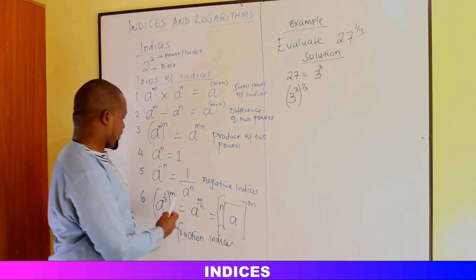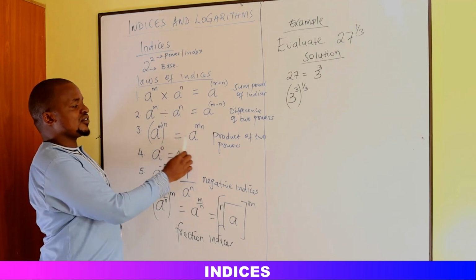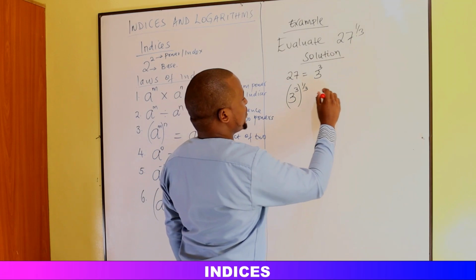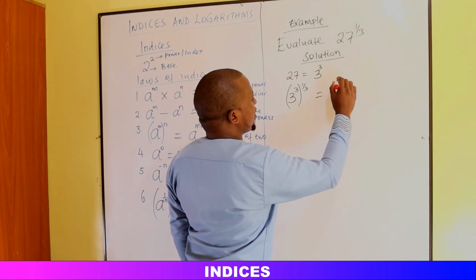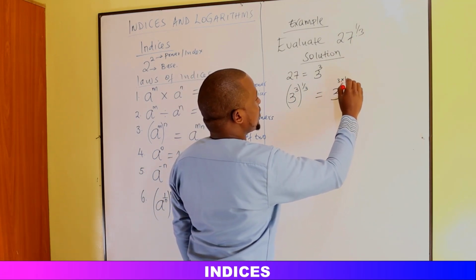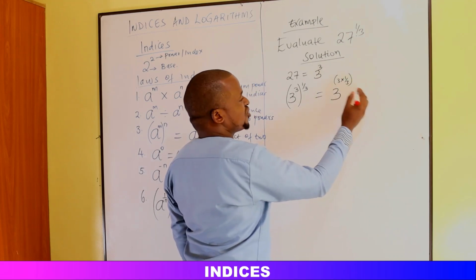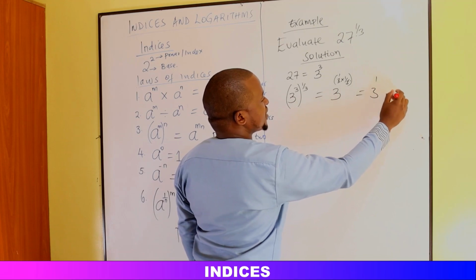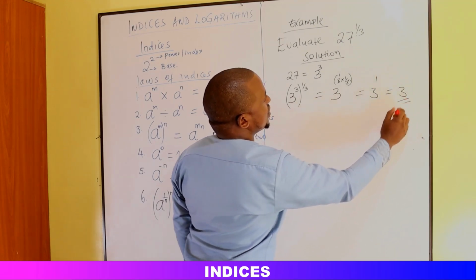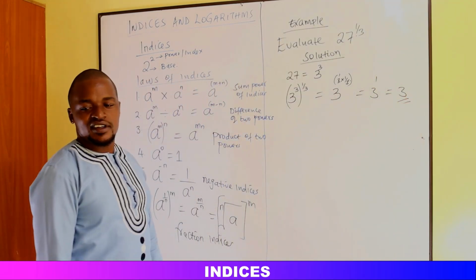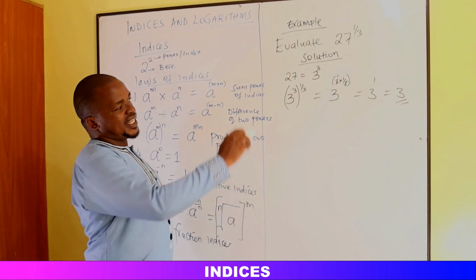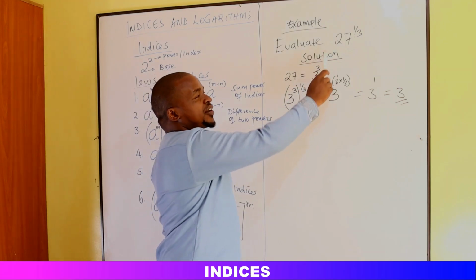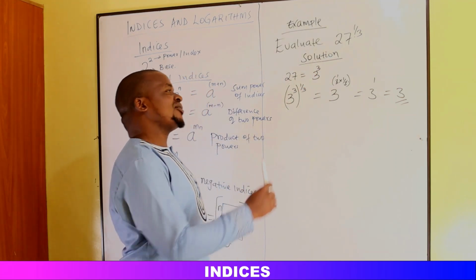When you apply the product of two powers here, you're going to have 3 raised to power 3 times a third. If you cancel by 3, it will be 3 raised to power 1, which is the same as 3. So therefore, 27 raised to power 1 over 3 is 3. In simple language, we are finding the cube root of 27, which is 3.